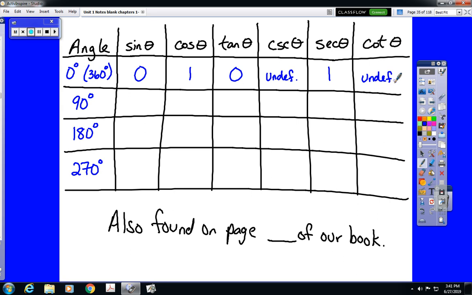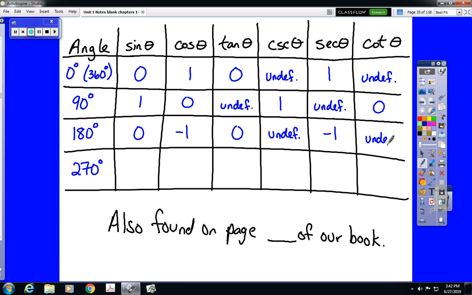For 90 degrees, sine is 1, cosine is 0. Tangent is undefined. Cosecant is 1, secant is undefined, and cotangent is 0. We just did 180. That was 0 for sine, negative 1 for cosine, 0 for tangent, undefined for cosecant, negative 1 for secant, and undefined for cotangent.